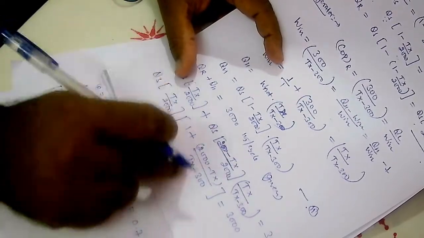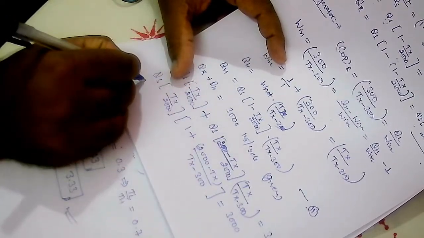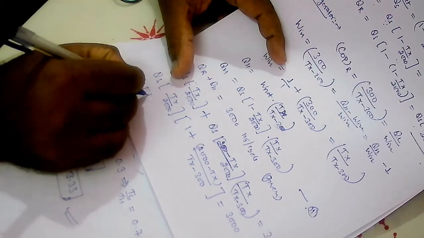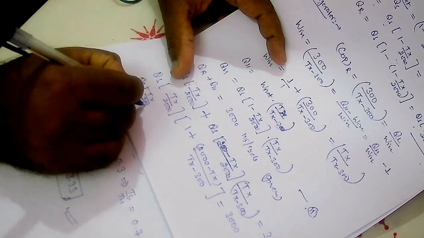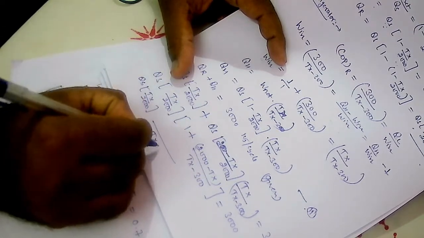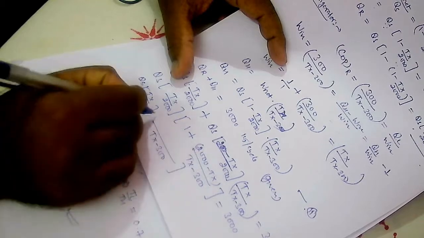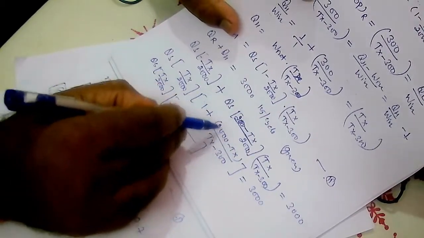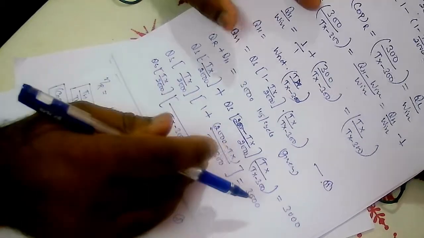Again you solve this, take LCM, so this becomes Qs Tx divided by 2000, and if you take the LCM, this becomes Tx minus 300. Inside, Tx plus 300 plus 2000 minus Tx will cancel out.